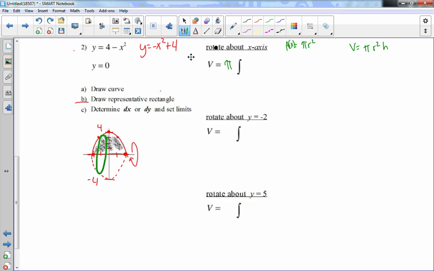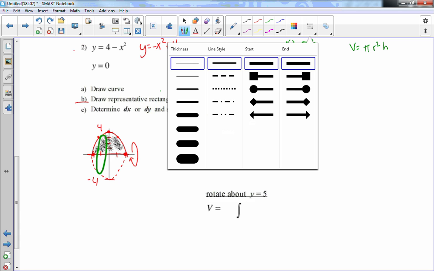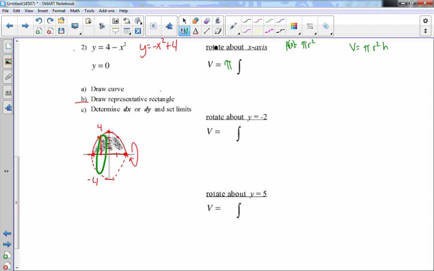So now we need the radius. The radius of any of these cylindrical disks is top minus bottom. Top minus bottom. In this case, it's 0. So we have 4 minus x squared minus 0, and square the radius. Dx is the height of that little rectangle, which is really, for our eyesight purposes, the width of the rectangle.